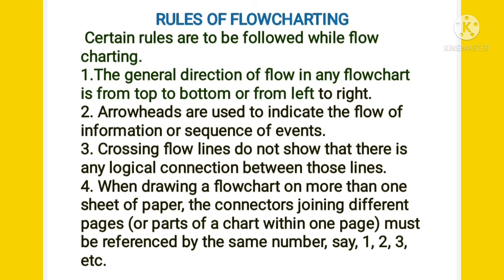Third, crossing flow lines do not show that there is any logical connection between those lines. Fourth one, when drawing a flow chart on more than one sheet of paper, the connectors joining different pages must be referred by the same number, say 1, 2, 3, 4, etc.